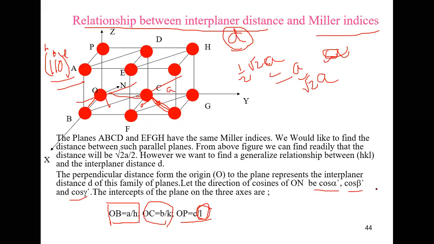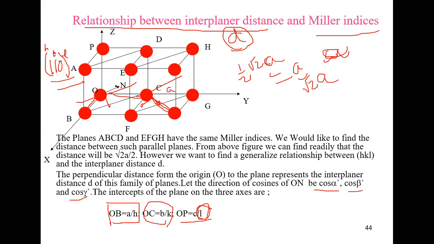These alpha prime, beta prime, gamma prime are different from alpha, beta, gamma, and we have already mentioned alpha, beta, gamma are the interaxial angles. That means the angle between various crystallographic axes.